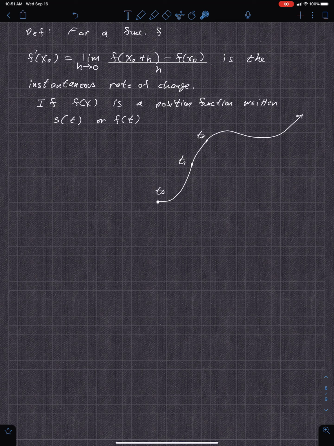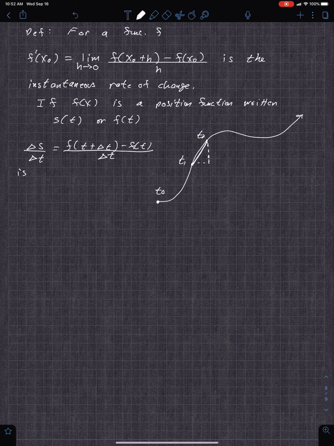Then if you look at delta s, the change in s over the change in t, that is going to be f of t plus delta t minus f of t all over delta t. That is basically the slope of the secant.